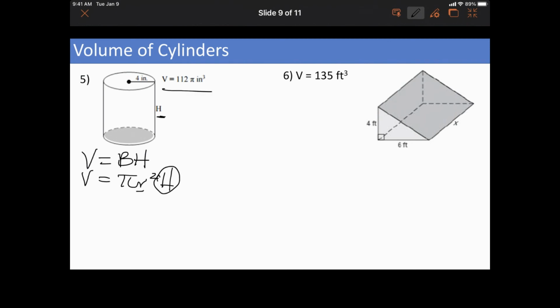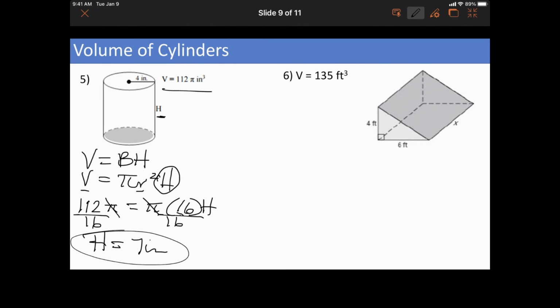Oh, look, I'm also given the volume. This is why we write the full equation, left and right. Sorry, that's 4 squared. I divide out, simplify to 1, and then divide by 16. And h equals 7 inches.